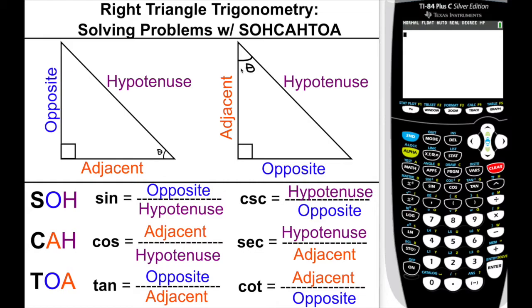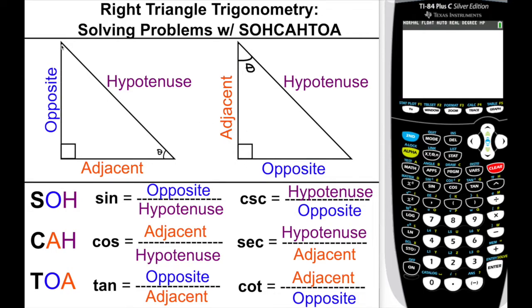What's adjacent and what's opposite is relative to that angle. So if I'm looking at the triangle here on the right, the opposite is the base and the adjacent is the height, because the opposite is across from the angle in question and the adjacent is next to it.